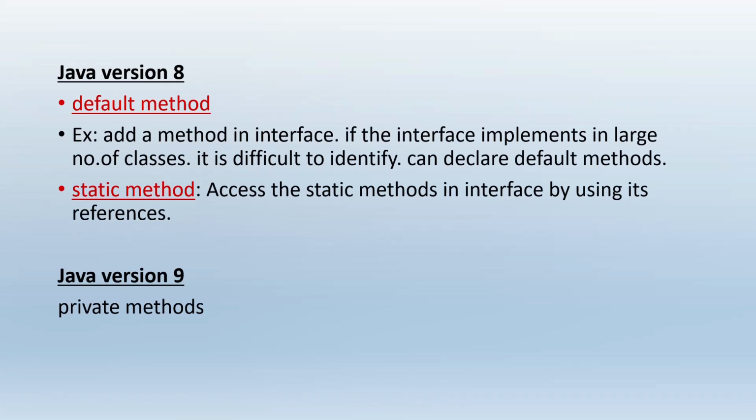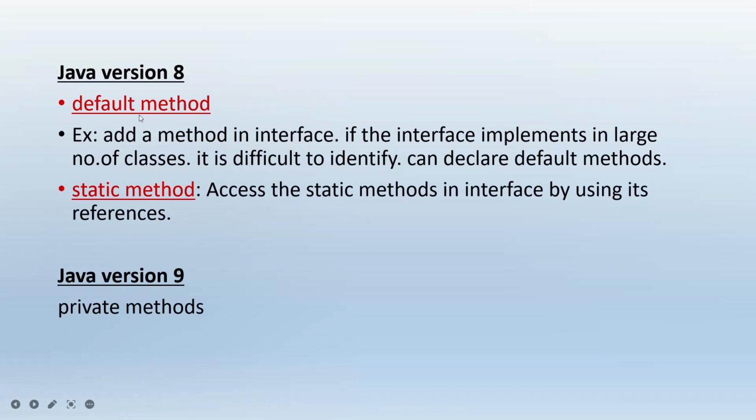If we add any method in the interface, it affects whatever classes implement that interface. To overcome this scenario, from Java version 8 they introduced default methods, using the keyword default.